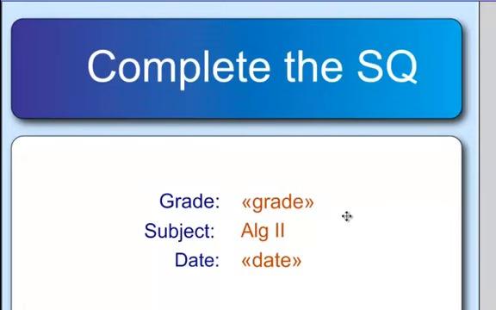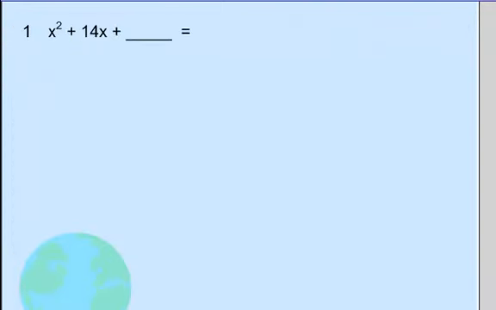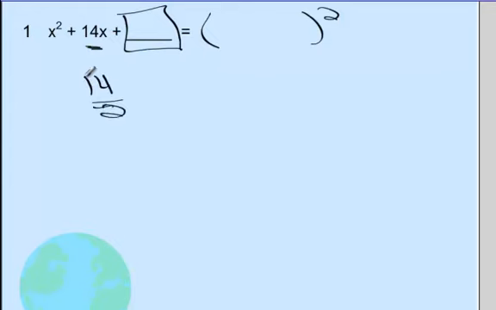I have some problems that I want you to write the answers to in your notes. What would you use to complete the square, and what would the binomial squared look like? If you did half of 14 to get 7 and squared it to get 49, then you did it right.